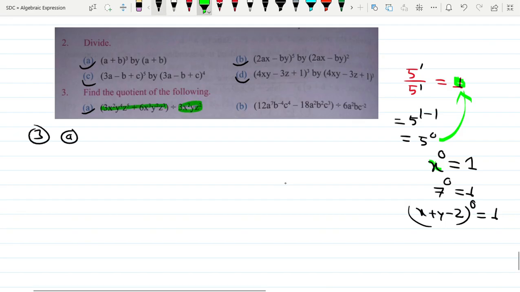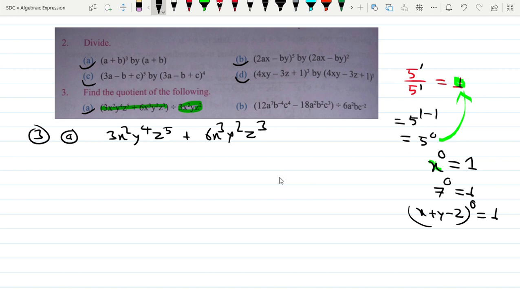So we rewrite it keeping the divide line: 3x square y power 4 z power 5 plus 6x cube y square z cube, getting divided by 3x square y z square.